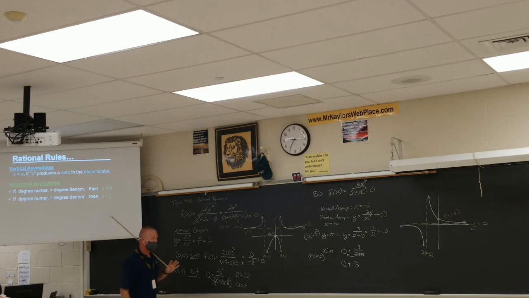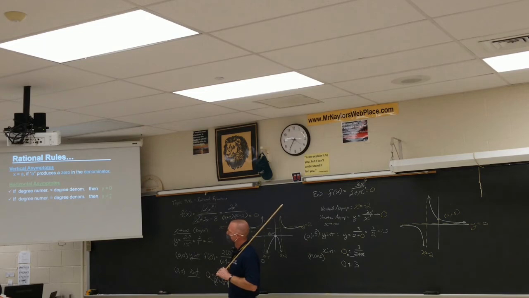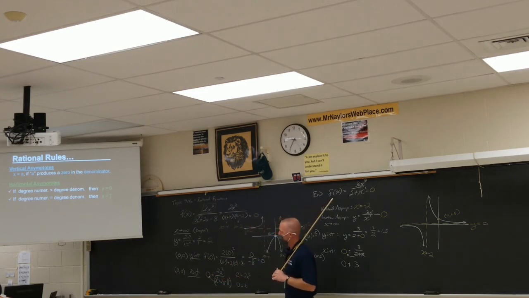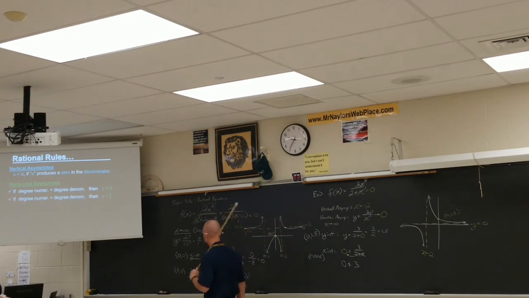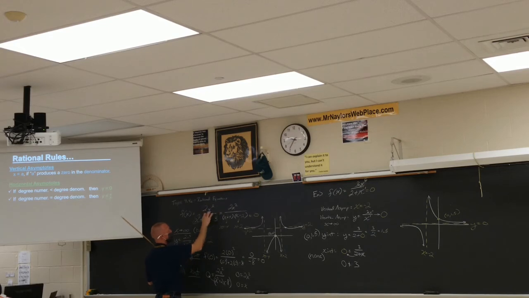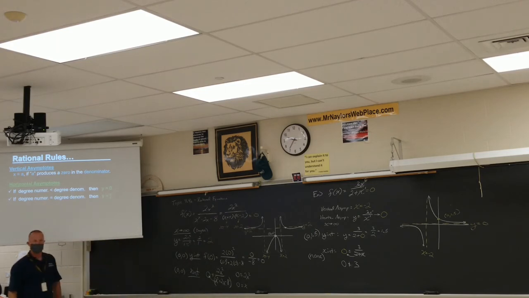Again, when the numerator has a degree that's equal to the denominator, we get what I like to call A over B. Even if you feel like you know what I'm going to say, I still want to make sure you have the idea.